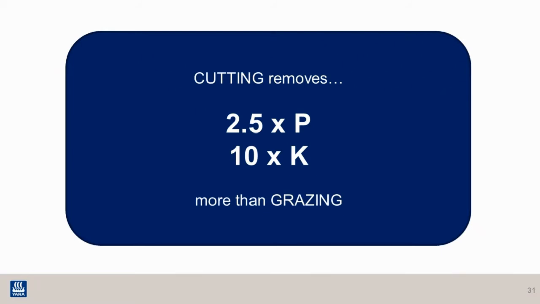This is going to influence the crop requirements for P and K, and how we draw up a nutrient plan. Basically, cutting removes 2.5 times more P and 10 times more K than grazing.